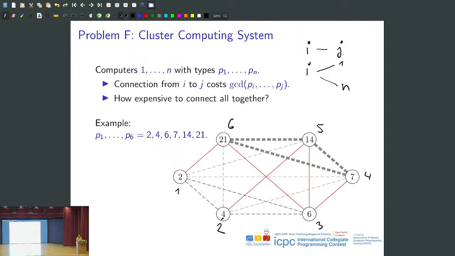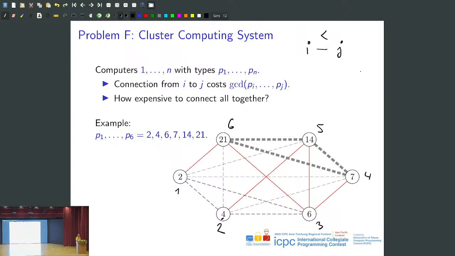Because of the GCD of Pi to Pj, let's say i is smaller than j. Then I could also connect i to n, right? Or I could connect i to 1.